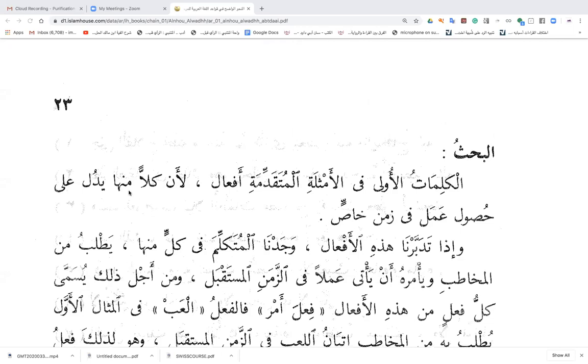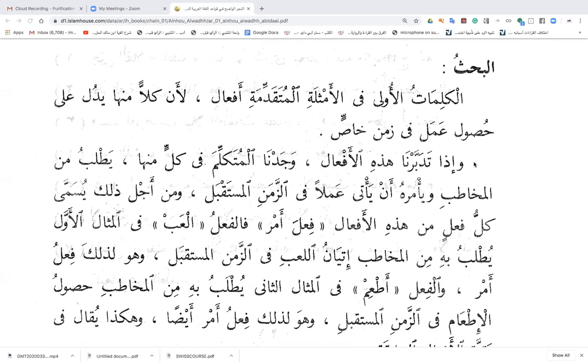لأن كل منها يدل على حصول عمل في زمن خاص, because each one signifies an action that happens in a specific tense. وإذا تدبرنا, now he doesn't say تدبرت because again he wants to teach you conjugation without making it a big deal. So if we gave thought to it, you could also say إذا تدبرت, but here he says وإذا تدبرنا هذه الأفعال.